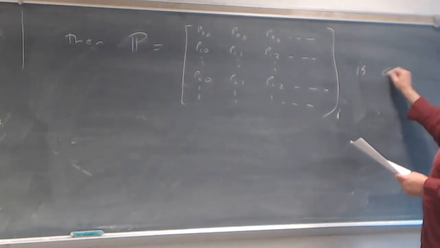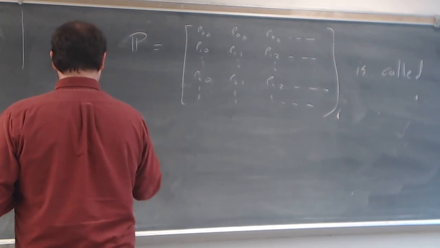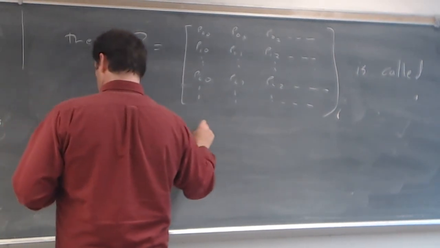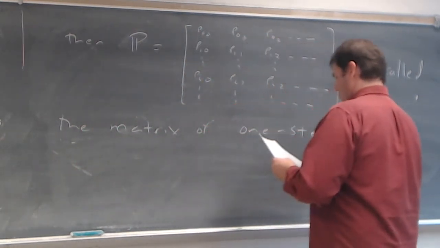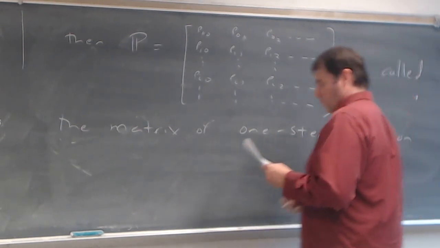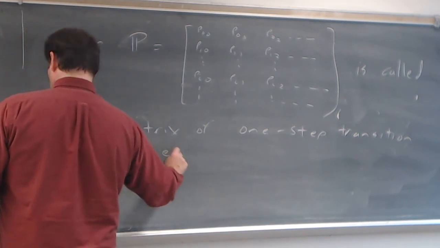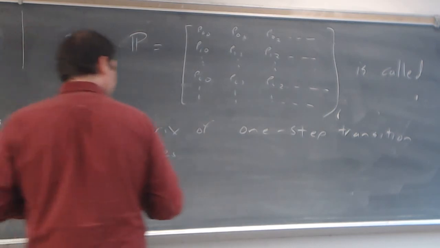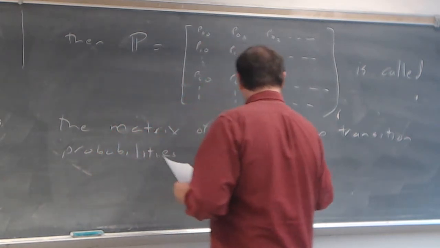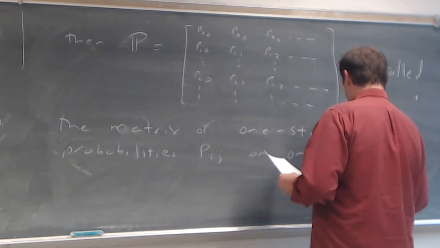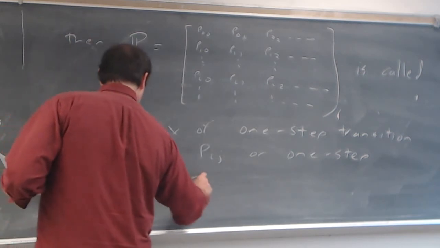This is called the matrix of one-step transition probabilities P sub ij, or I like to call it the one-step transition probability matrix.